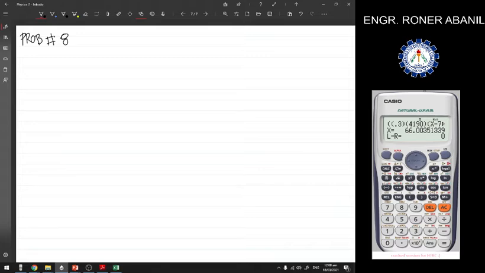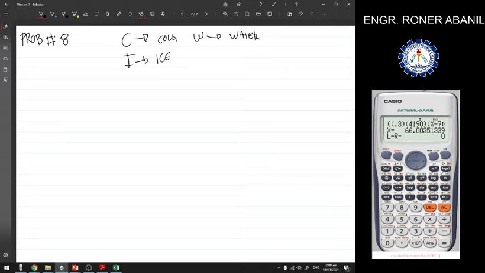So, we use subscript C para dun sa cola, I naman para sa ice, and W naman para sa water. Yung C natin is yung sa cola, yung I is ice, and W naman is water.